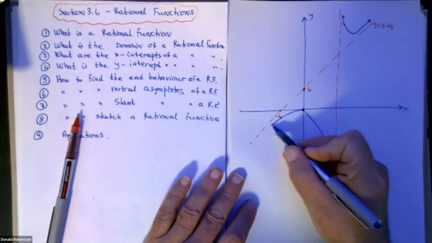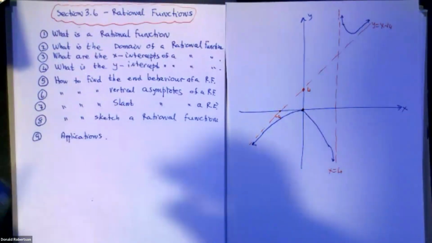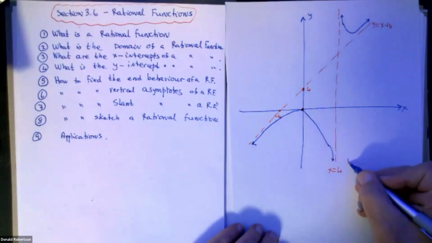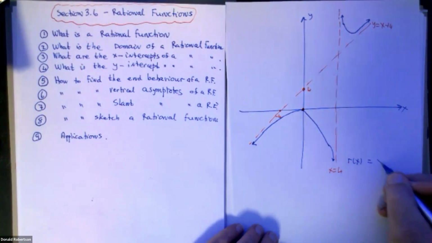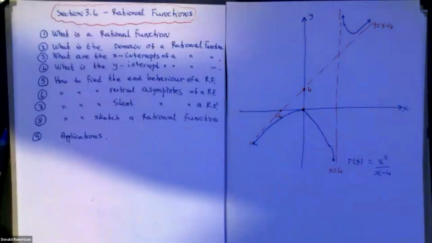So I'm going to bounce off that and do that. My best prediction is that this is what the graph of our function x squared over x take away 4 looks like. So now we'll have a look at Desmos and see if it agrees with us.